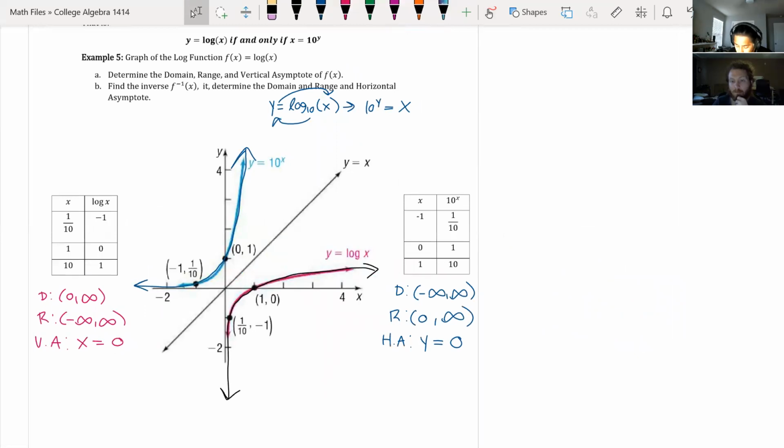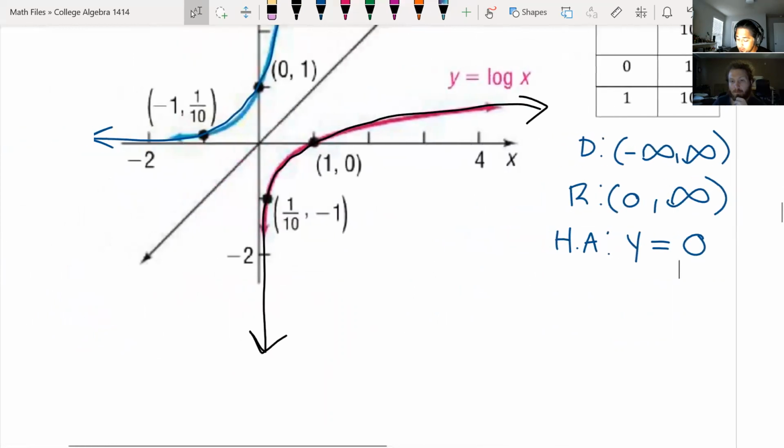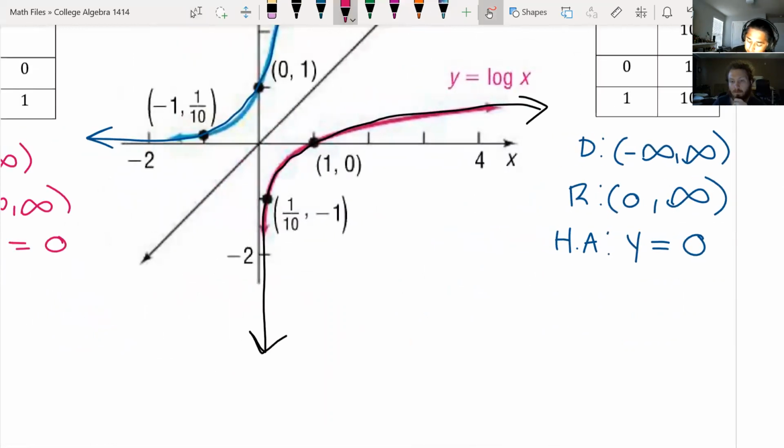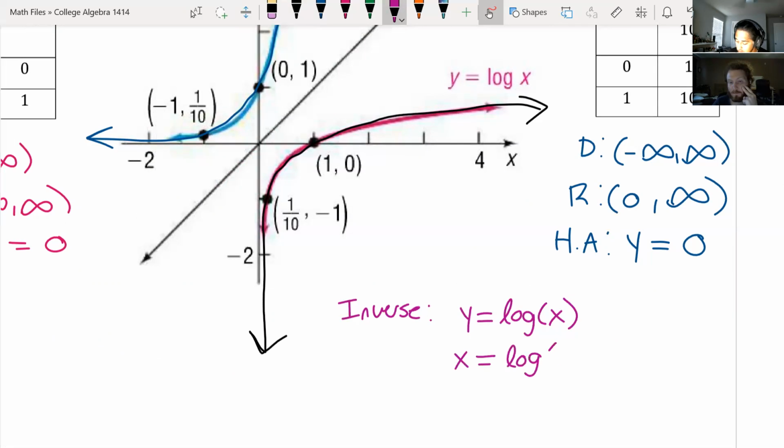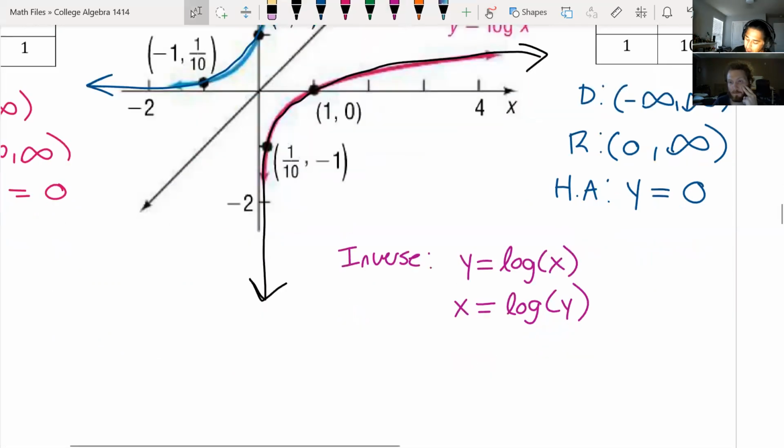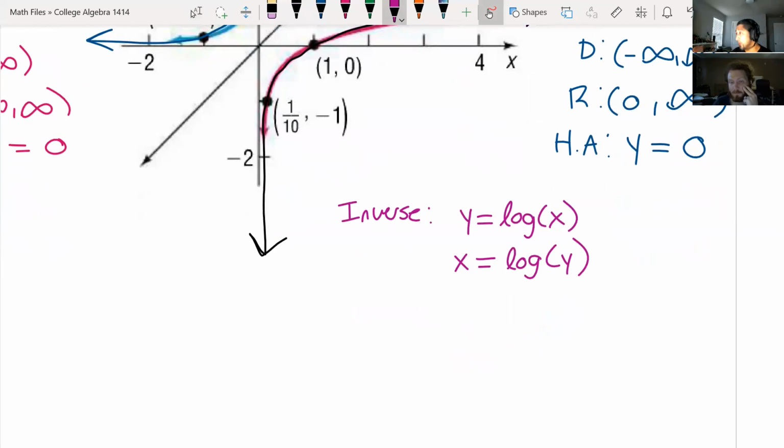But again, to properly find that inverse, we would start off with y equals the log of x. Then remember that you interchange variables, so you would get x equals log of y. Now we're going to solve for y, but the only way to do so is to rearrange it as an exponential function.